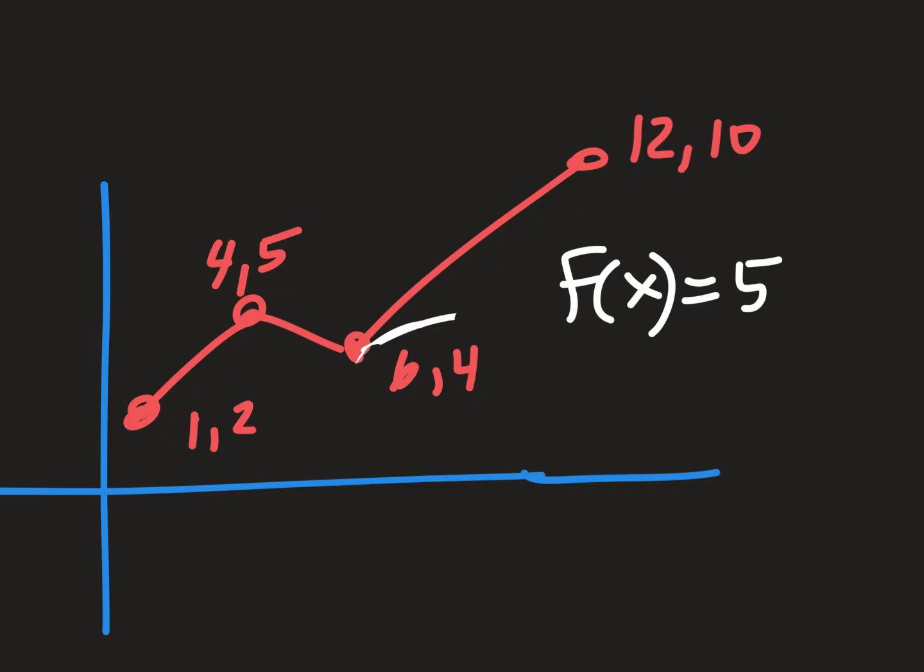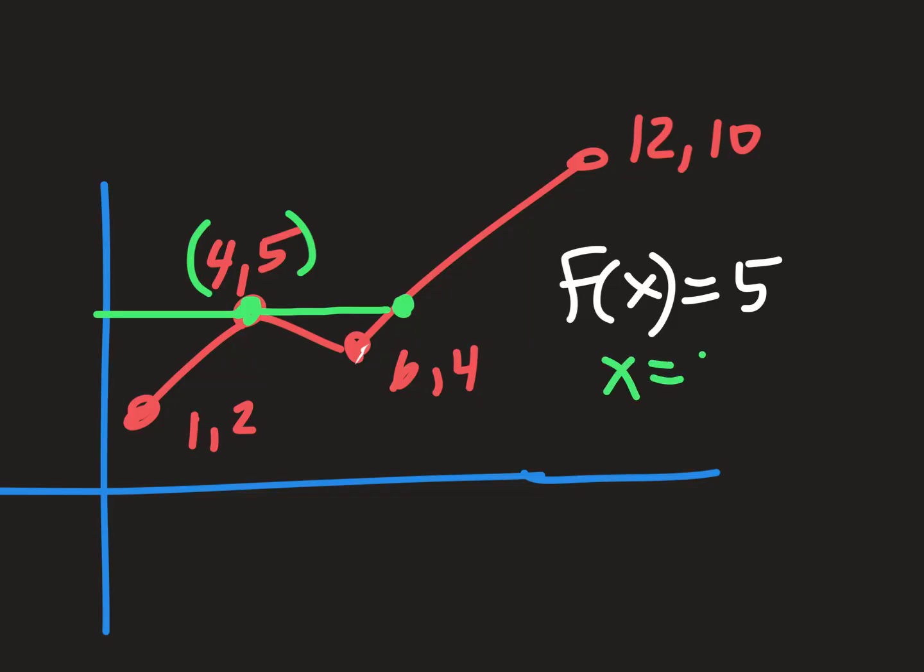Notice I did not give you x. That means I must have given you y. And if I said y was 5, I hope you noticed this point, but I hope you also noticed there would be another spot where it would be like right over there. There's 2 spots where the y is 5.